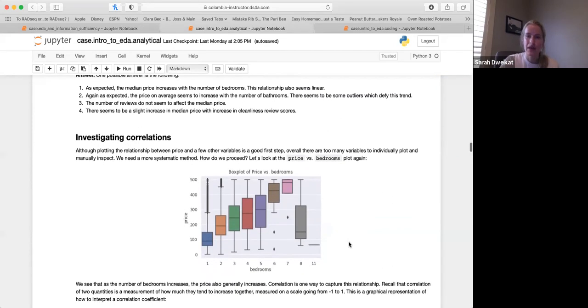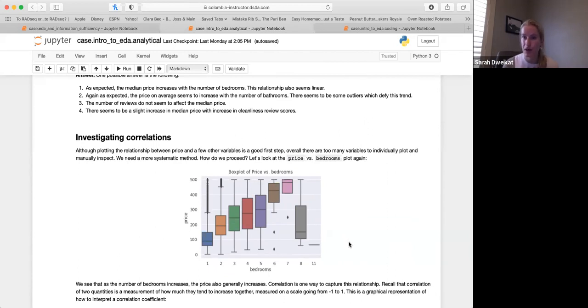From that initial look at some of those variables in comparison to price, I want to say one of the reasons that we chose price is to always remember what our main goal was for this exploratory data analysis, which was to look at what factors are most related to price to help Airbnb determine what the price should be for specific things.